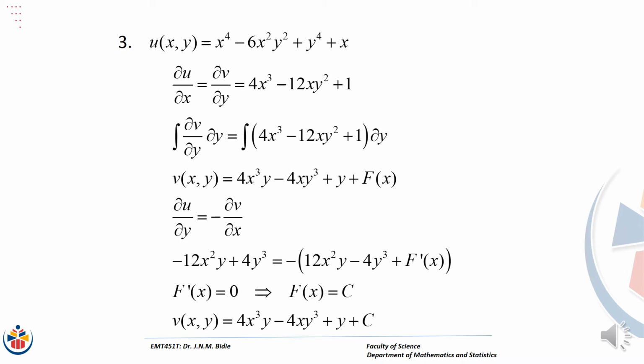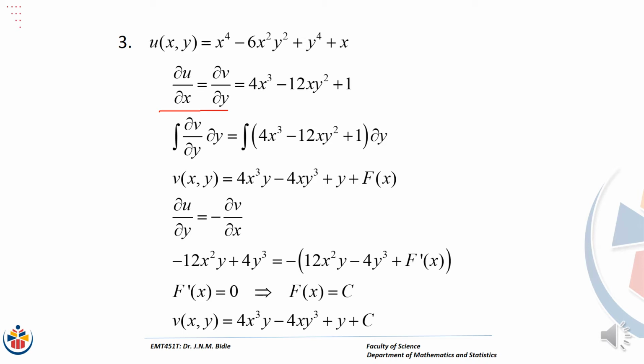For number 3, we have been given u. We use again the first Cauchy-Riemann equation, du over dx equal to dv over dy. Then we find the derivative, giving us 4x cubed minus 12xy squared plus 1.